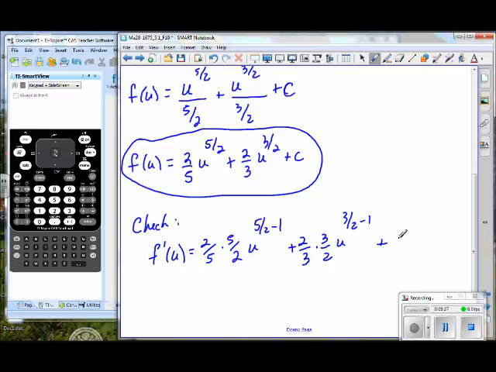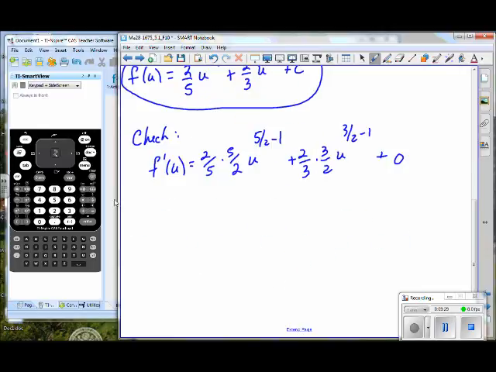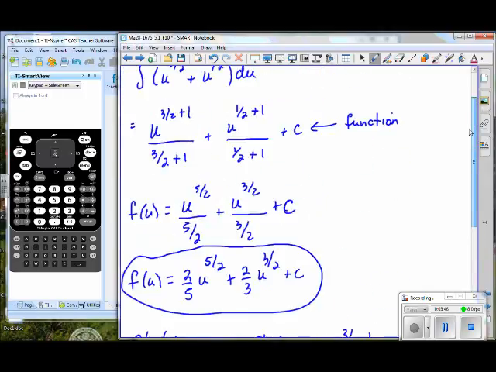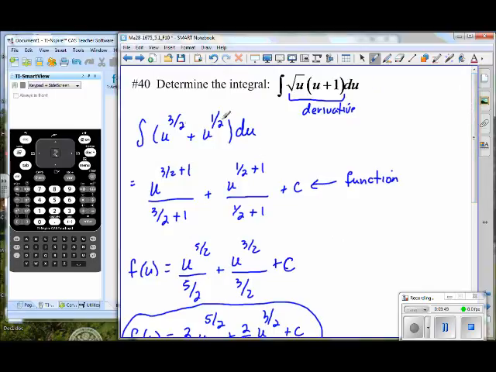And of course, the derivative of a constant is going to be 0. So the derivative would be, and the fractions are going to cancel, u to the 3/2 plus, again, our fraction is going to cancel, u to the 1/2, and is that the integrand that we started with? Well, it is if we look at it in this case.